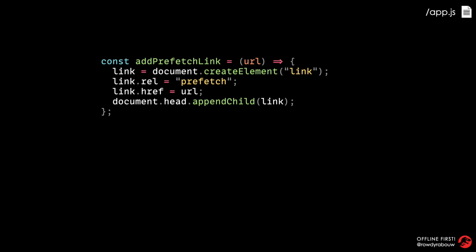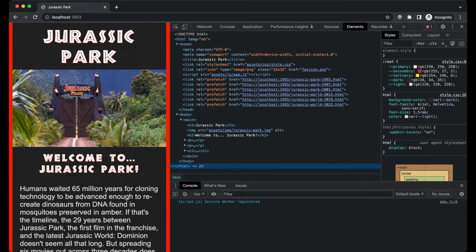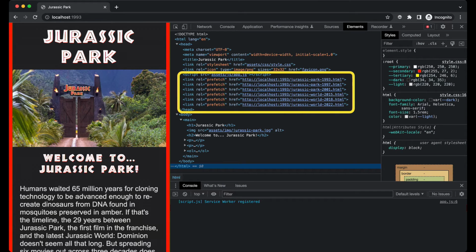So you could write some JavaScript saying, I'm going to create a method called add prefetch link that's fed a URL, and I just add in the header the prefetch for every single one of the URLs I have there. So in this case, I'm query selecting all the links that are on the page, and I'm adding them all to the prefetch, and you get something like this.